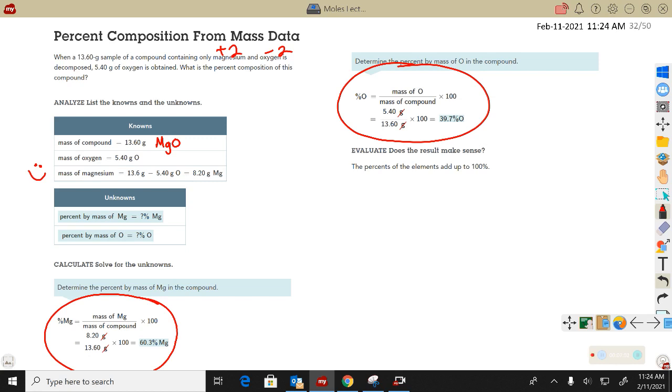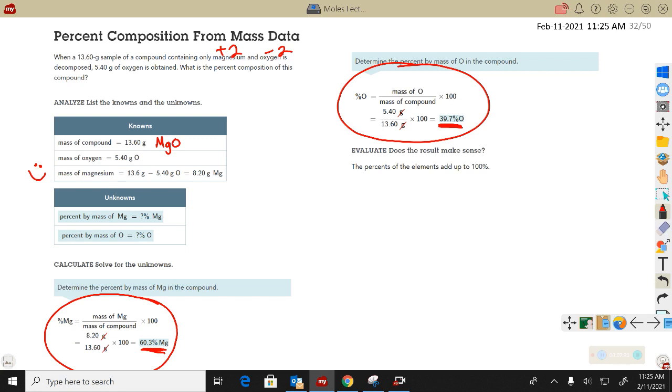So once we had the mass of each individual element, we could take that mass of magnesium divided by the mass of the compound, and the mass of the oxygen divided by the mass of the compound. In the end, you know you did it right if you add up your percentages and they equal 100. 100% of the mass should be coming from the magnesium plus the oxygen.